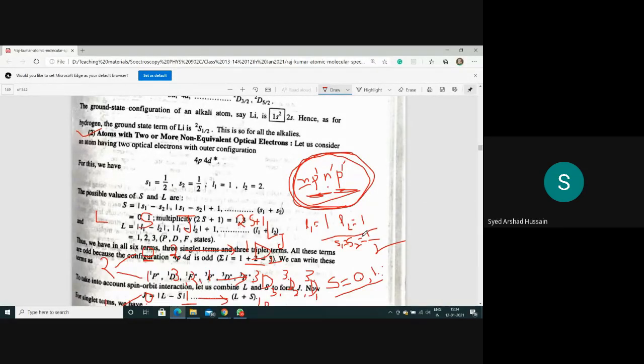Now you can have an idea about the statistical weight factor, or statistical weight, also. That is twice J plus 1 for each and every case.